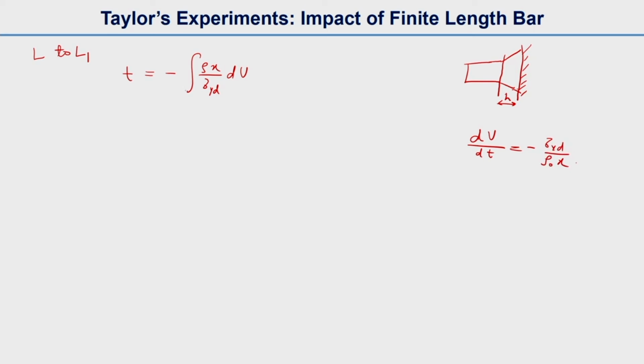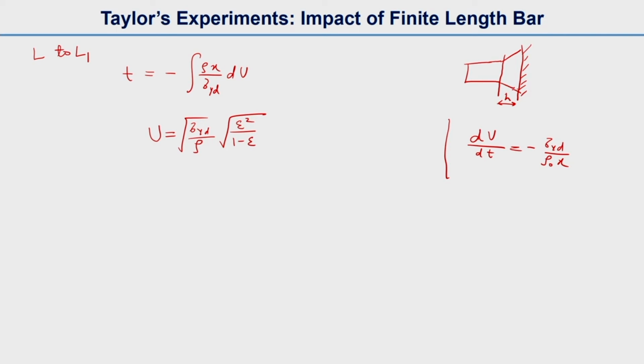We are assuming rho here, not rho naught. That is the expression we got. This is the total time, and from other equations we have u in terms of strain. What we found is the square root of sigma yd by rho, times epsilon square over 1 minus epsilon, the entire thing under the square root.